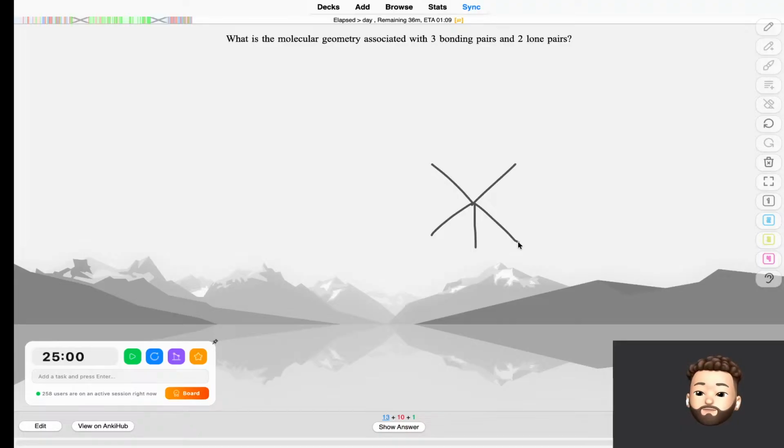So if two of them were lone pairs, how would that look? Is it gonna get rid of these two? Is it gonna get rid of these two?